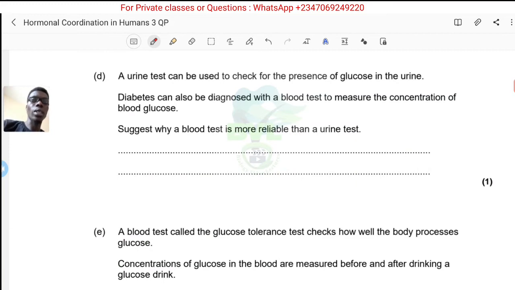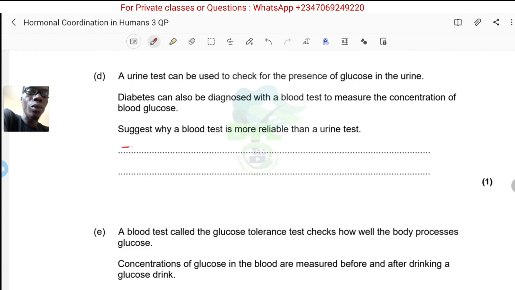Okay, the next question says, a urine test can be used to check for the presence of glucose in the urine. Diabetes can also be diagnosed with a blood test to measure the concentration of blood glucose. Please, I forgot to say at the beginning, make sure you attempt these questions, then you play the video to see what the answer is. Suggest why a blood test is more reliable than a urine test.